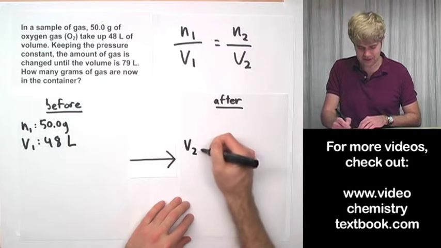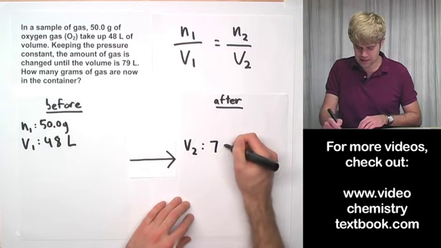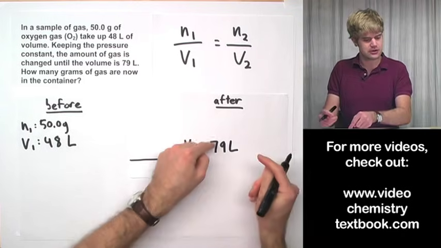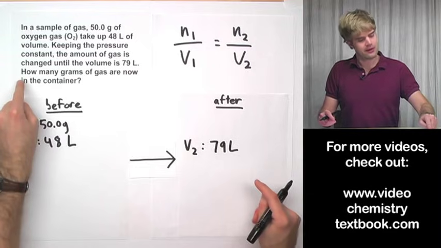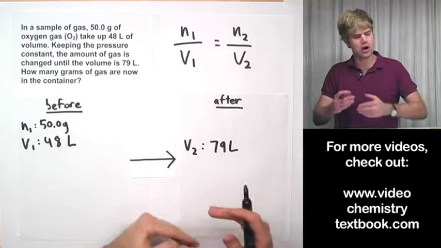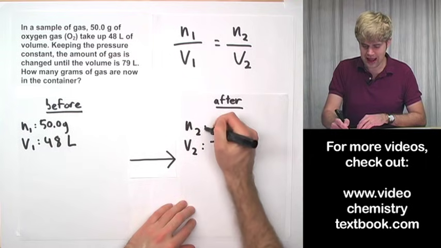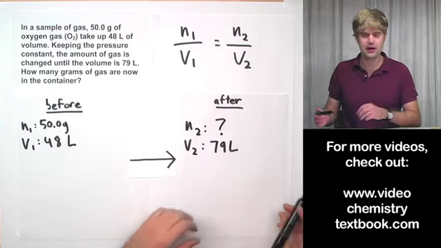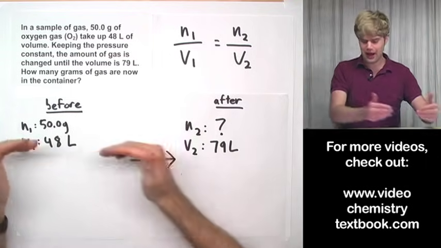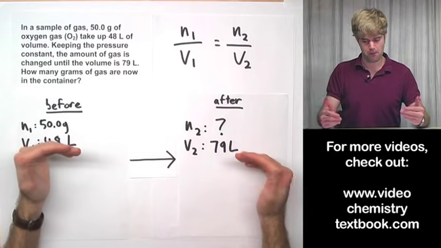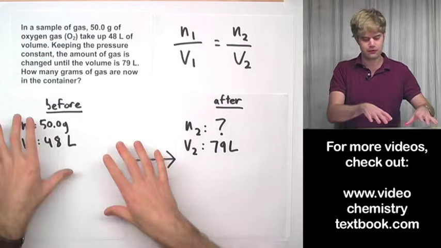So that means that my V2 is going to be 79 liters, the volume after the change. And the question asks, how many grams of gas are now in the container after the change? So it's going to be N2 that I'm solving for. So now I've got my variables straight. I know what I'm going to be solving for, and I know the other guys.